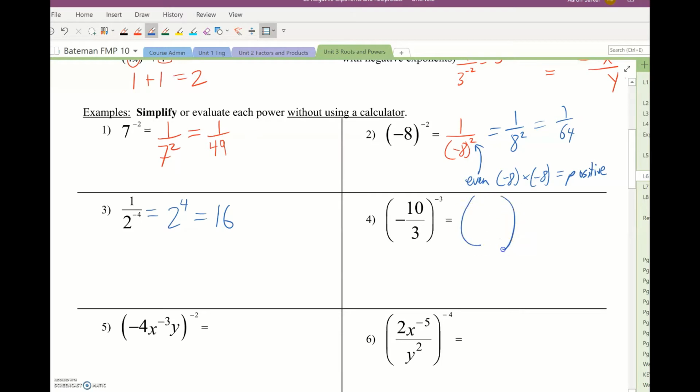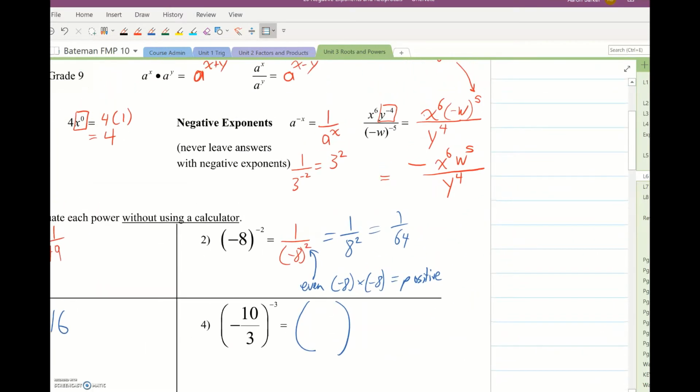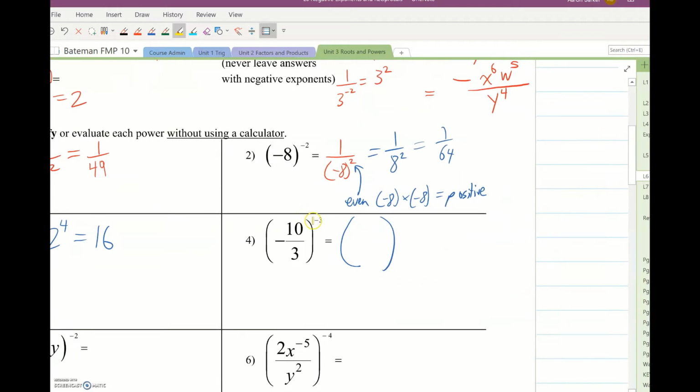Well, up top, we didn't have brackets. So here we had a fraction, but there's no brackets. So the negative sign only applied to the single base. Here, it's around the brackets, so it applies to everything inside. So in this case, everything flips.